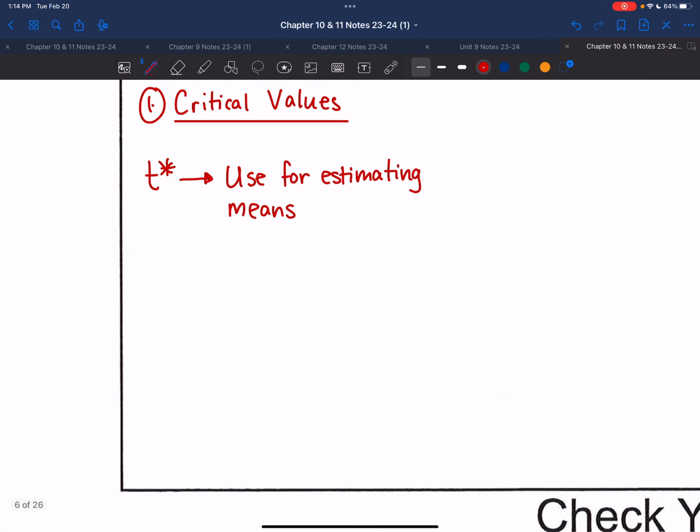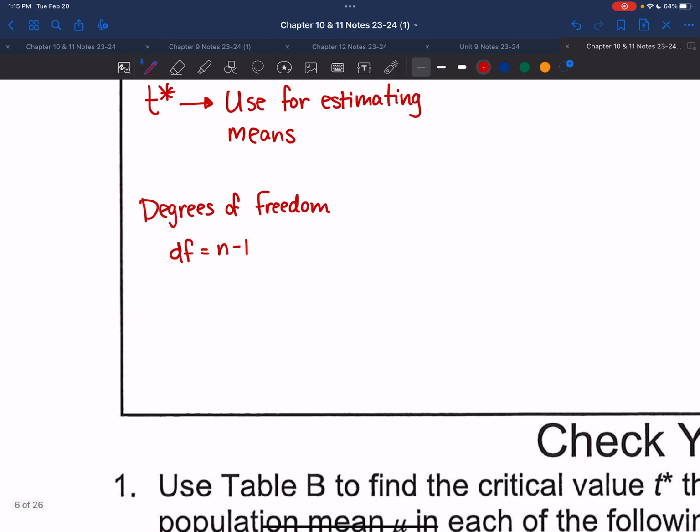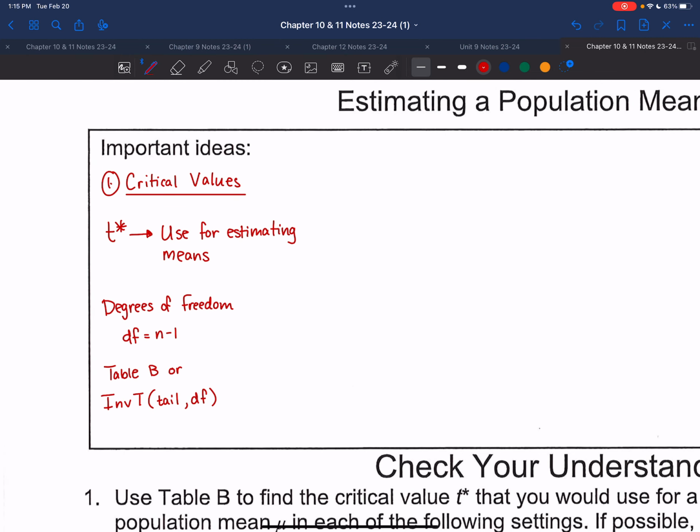Something else you'll need are your degrees of freedom. df is always equal to n minus 1. Now you can use table B, or you can use inverse T, where the first number is your tail, and then you have your degrees of freedom.